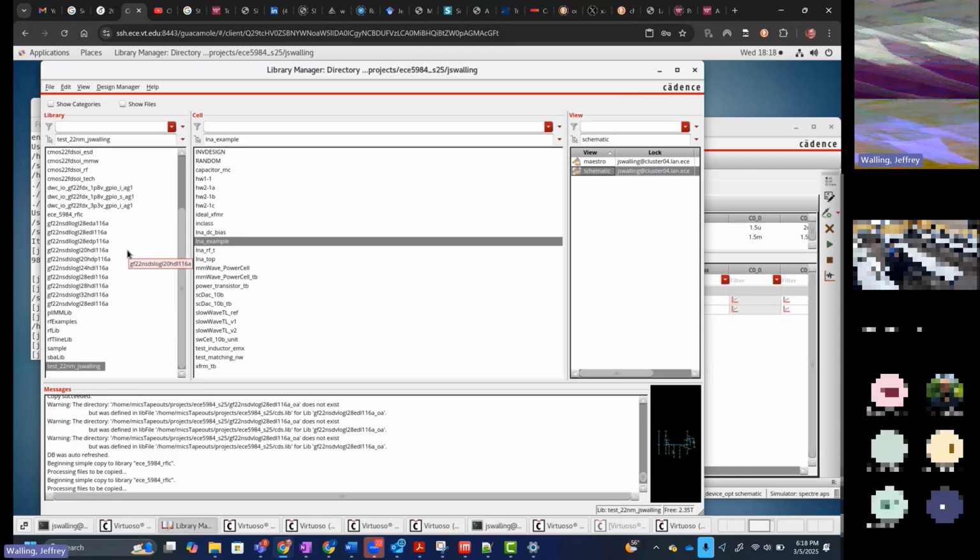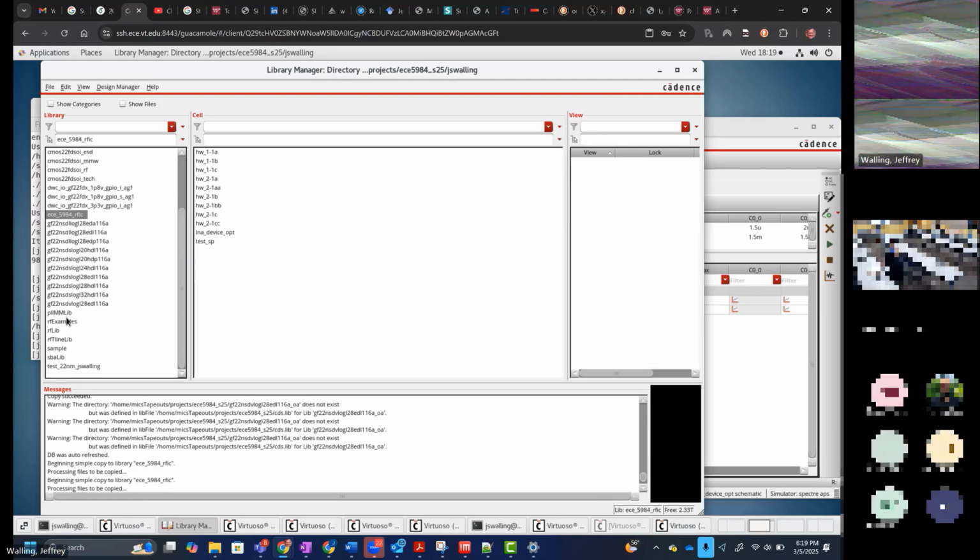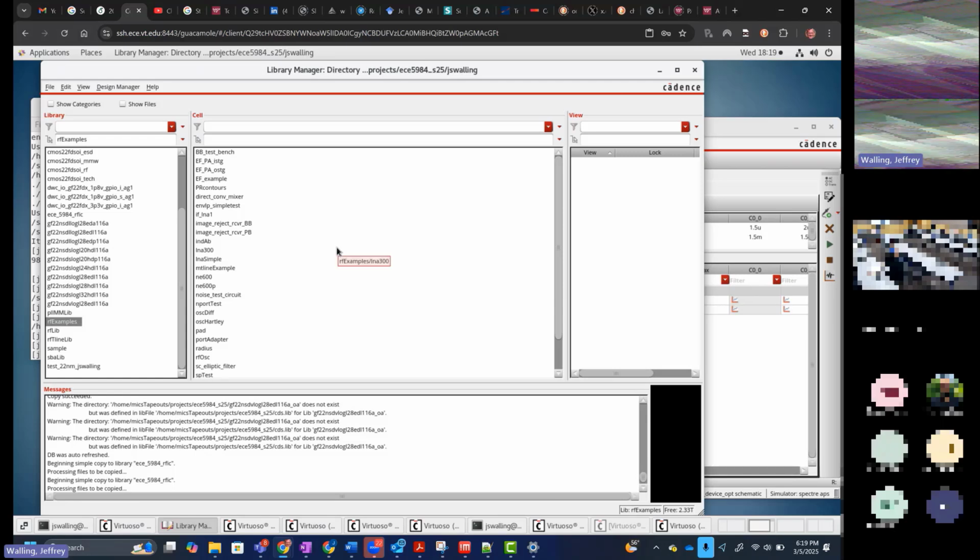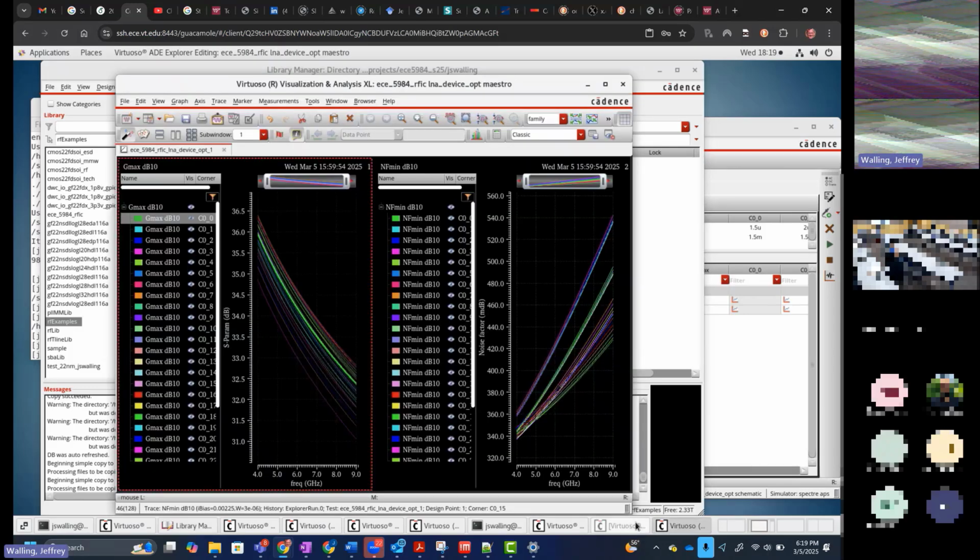Oh, okay. I know what I did. I added another library here. All right. So by default, this RF examples library is loaded into Cadence. The tutorial more or less follows this. I wanted to talk a bit about some practical things first.